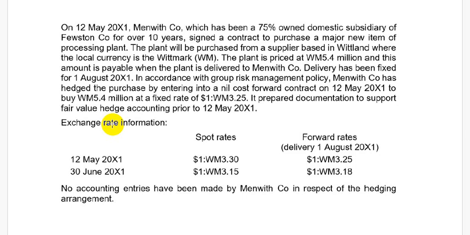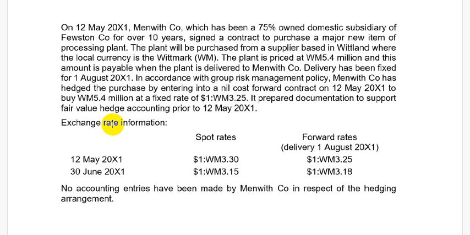The plant is priced at 5.4 WM million, and this amount is payable when the plant is delivered to MCOR. Delivery has been fixed for August 1st, 20X1, which is like what, May, June, July, August, 3 months. So the plant will be delivered in 3 months' time.